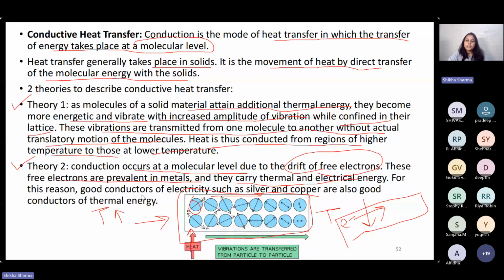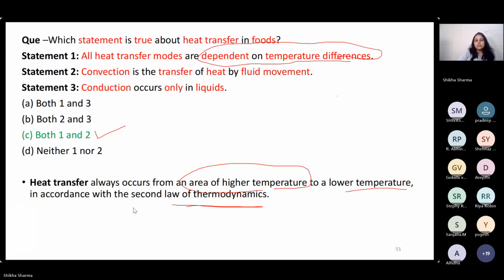For this reason, metals like silver and copper are very good conductors of electricity as well as thermal energy. So the statement that conduction occurs only in liquids is wrong; it occurs in solids, which is correct.